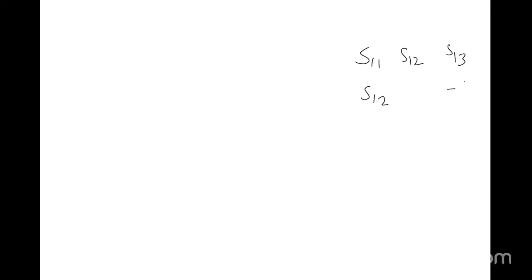S22 is written as it is. Next, the third row: S31 can be written as S13. S32 or S23, both are equal to minus S13. And S33 equal to 0.